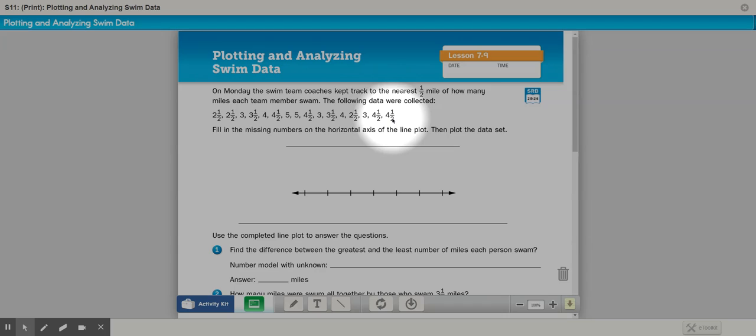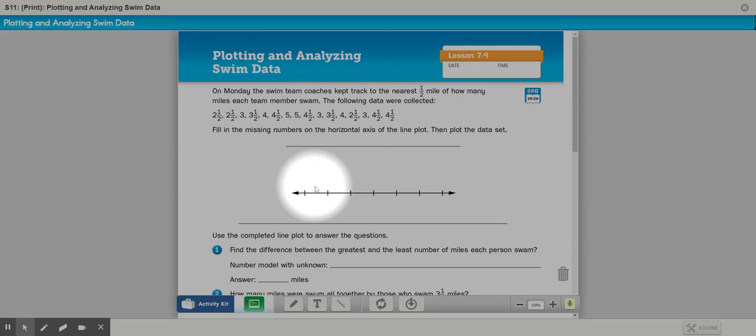You're going to have a name for your line plot, and it probably has something to do with swimming. You might also have some kind of units down here on this line, and obviously, you're going to have numbers here and X's above it.